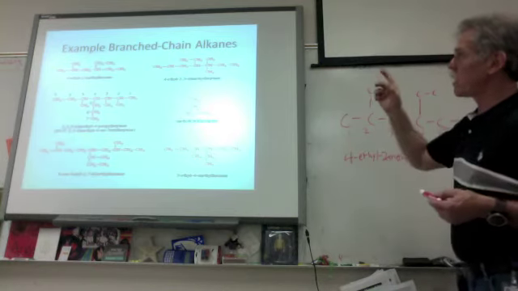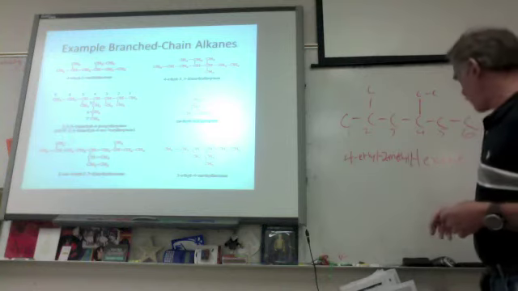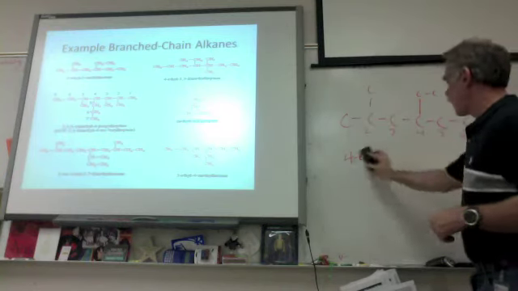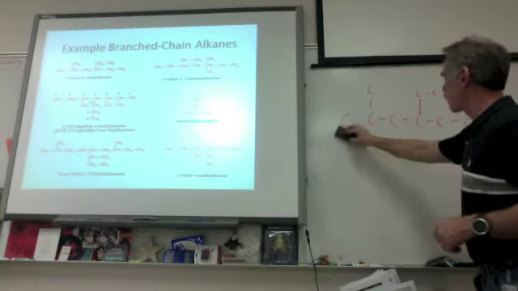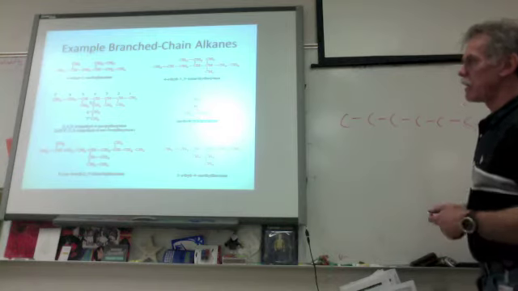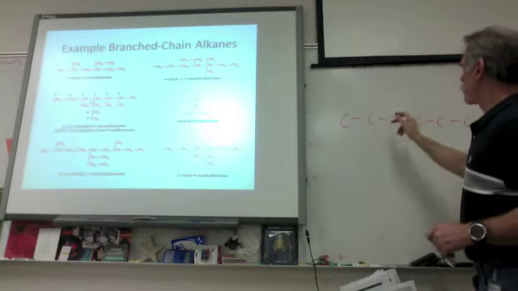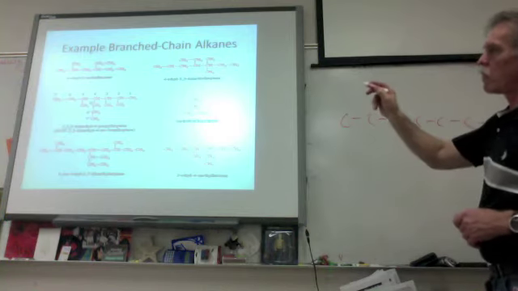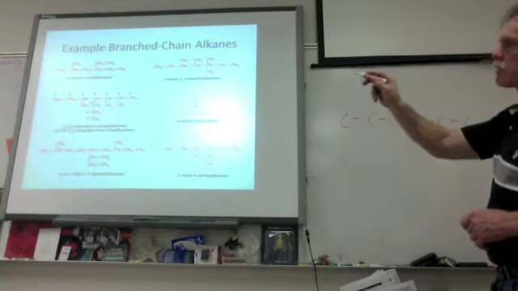Let's do one more that's a little further down. We'll do the third one, which is the 2,3,5-trimethyl. That one's a little bit more complicated, and that one is a heptane. 1, 2, 3, 4, 5, 6, 7.